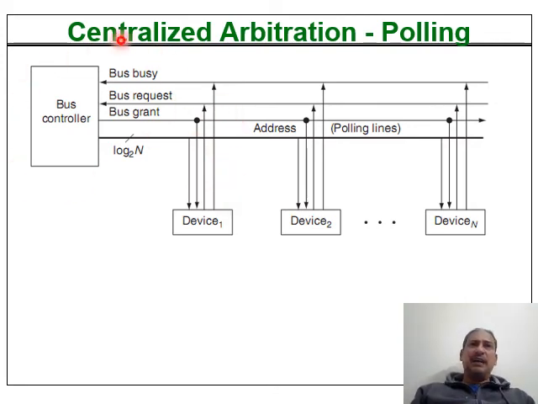Now this bus controller has some algorithm in place with the help of which it will decide which particular device to give the control of the bus. According to that algorithm, it will decide upon the address of the device to which to give the control of the bus. These polling lines are used for that purpose.